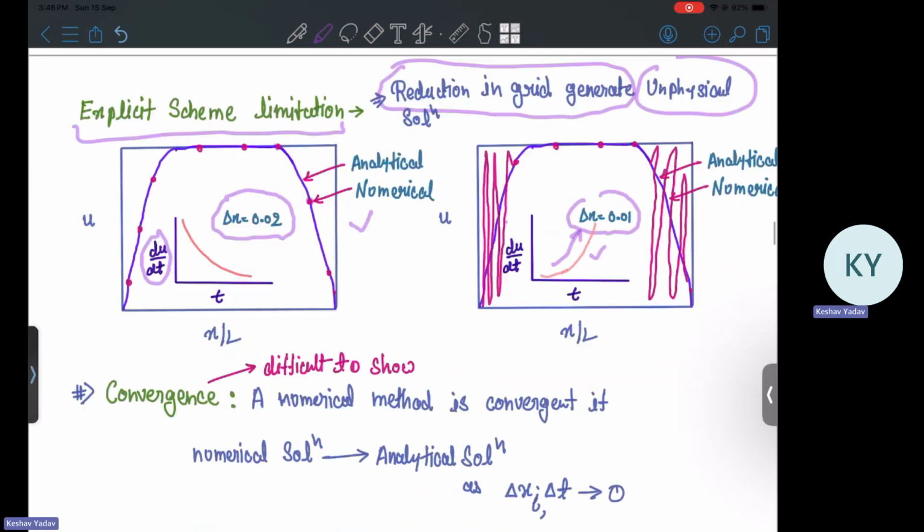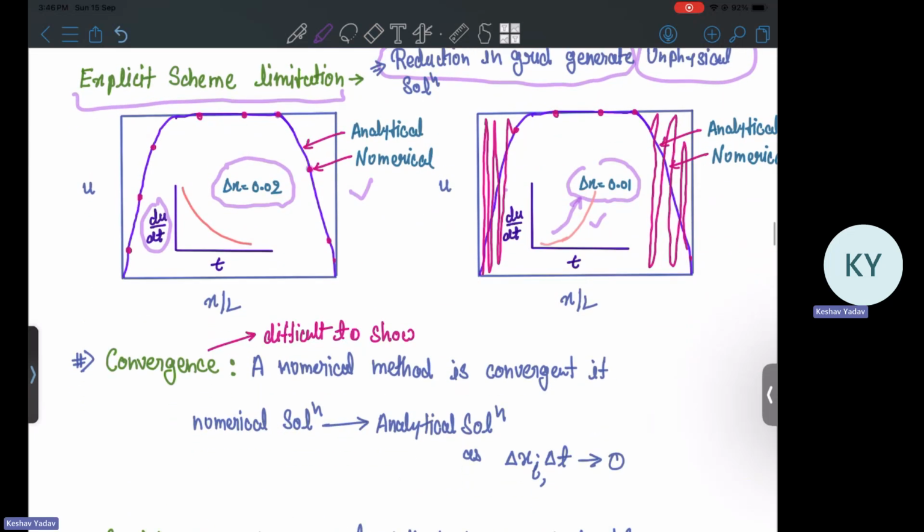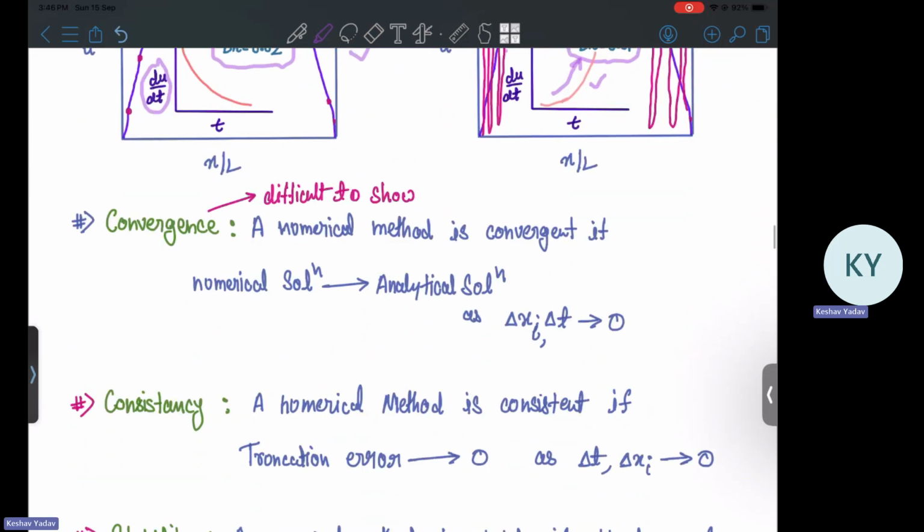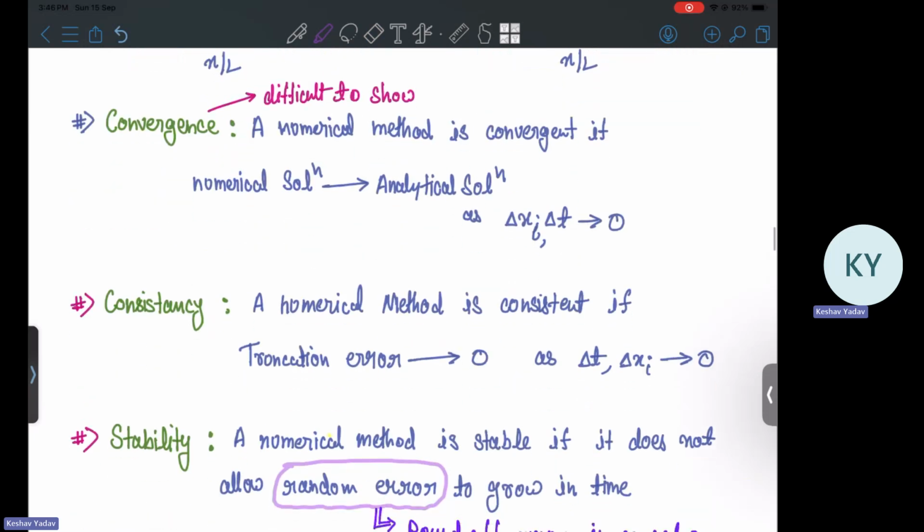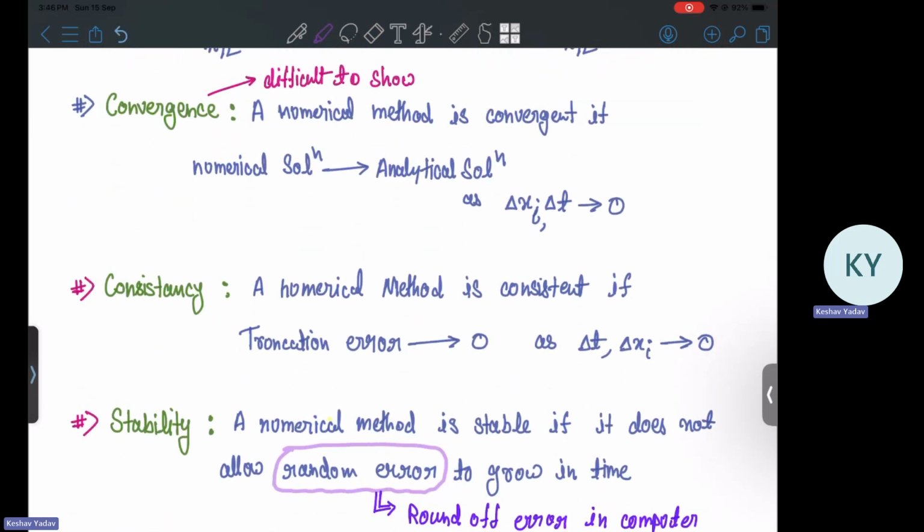So why does this happen? Now we'll discuss. Before going into that, let us discuss some of the important terminology in the finite difference method. First thing is convergence.